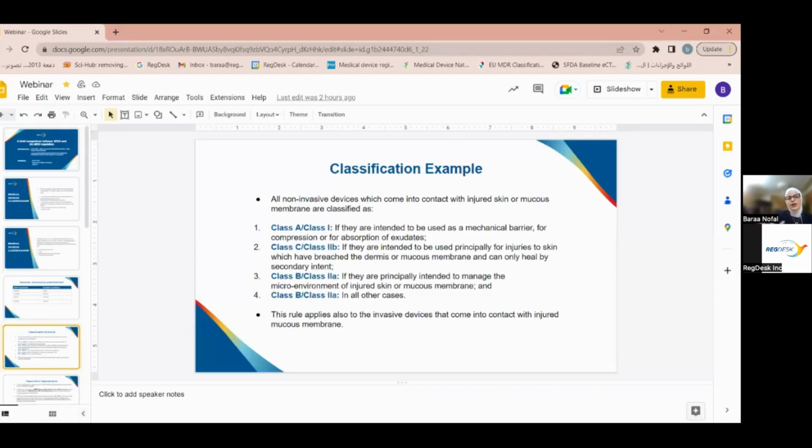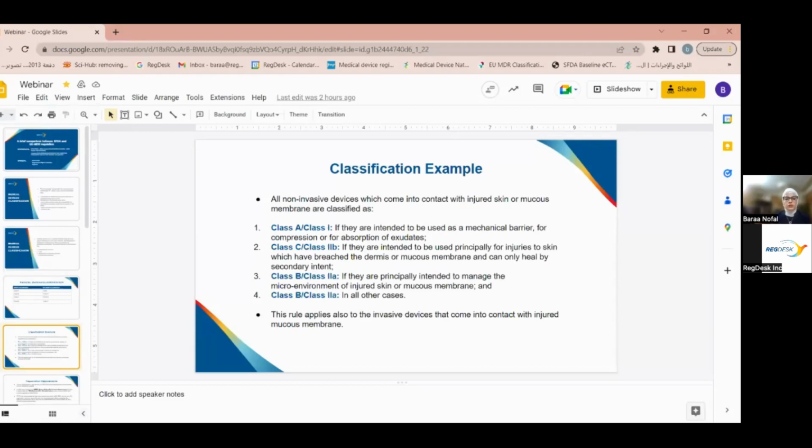And if you have a concern about your classification for Saudi FDA, even if you are 100% sure that you are submitting the correct class, Saudi FDA offers a classification service through their website. So you can submit your application to classify the product. But this procedure will be done by the authorized representative, not by the manufacturer.